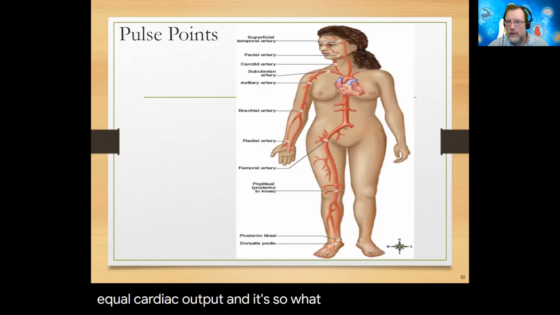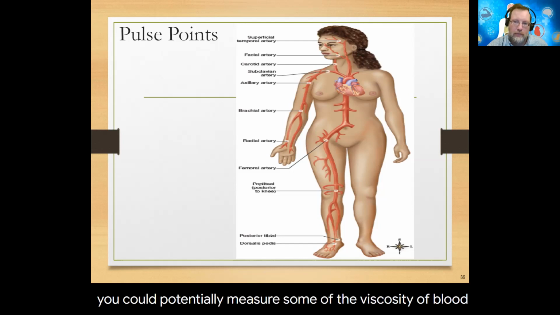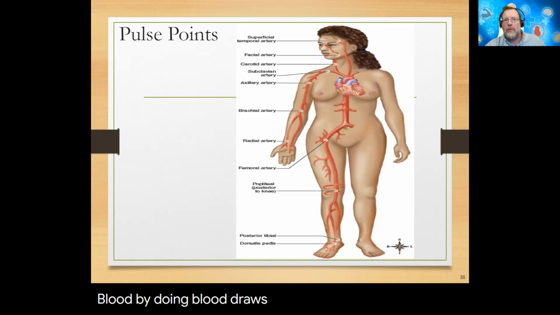So what is and blood pressure? So what you measure in the clinic is blood pressure. You can measure pulse rate or heart rate as well. You could potentially measure some of the viscosity of blood by doing blood draws.